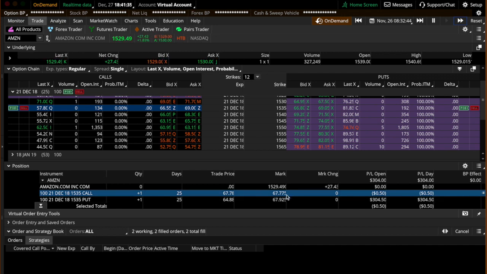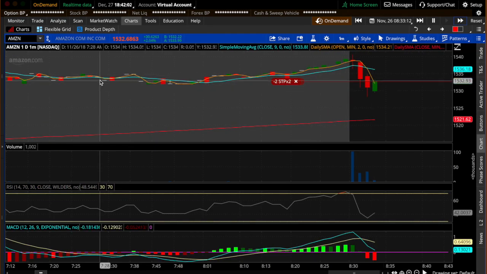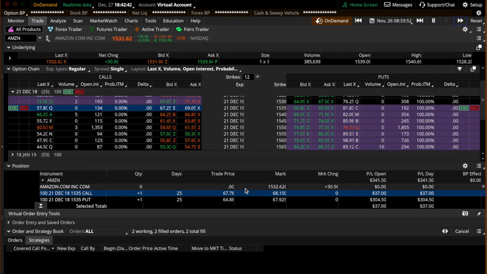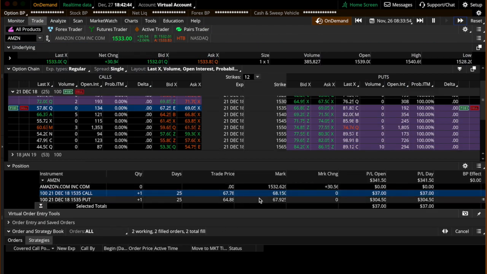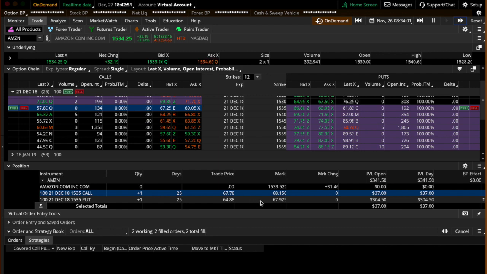So here we go, 67.77. It's going back up a little bit. Okay, now it's caught up. Now we're looking at 67.50 for this one to stop out, and 64.50 for this one to stop out.